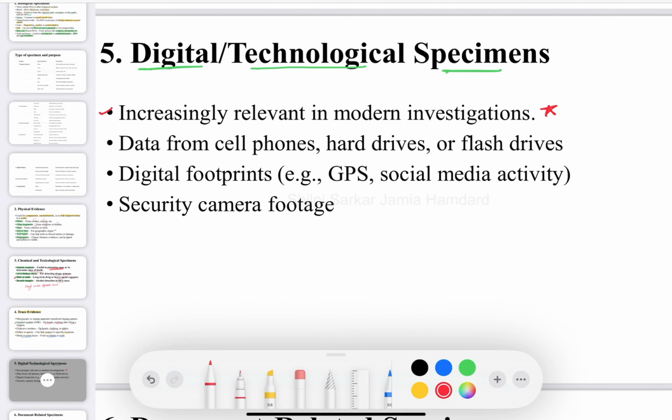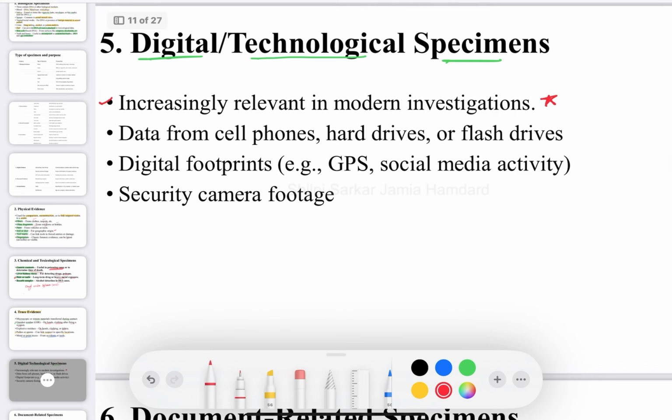Now, in the 21st century, Gen Zs are more expert in technology, so more crimes happen via technology. It can be sexual assault, or money transfer related issues. Digital evidence can be data from cell phones, hard drives, or flash drives.